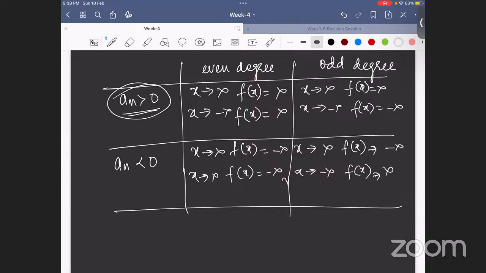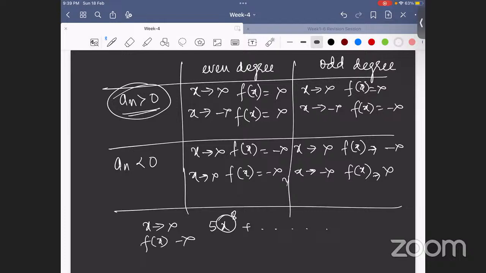See, if you are not able to understand, let's take an example. You have a polynomial, a function of an even degree. Even degree is like x to the power, for example, 8, and the leading coefficient is a constant 5. Whenever you're putting x tends to infinite, the function value also tends to infinite, right?